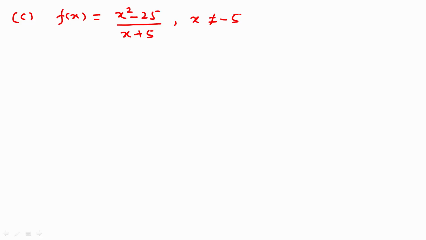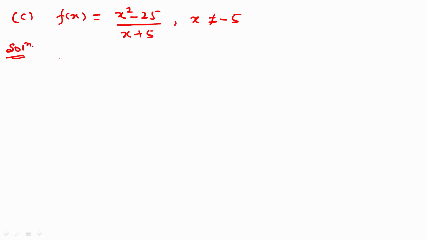So in such type of question, the procedure will be the same as question number B or A from question number 3. First you can solve f(x) is equal to x square minus 25 upon x plus 5.